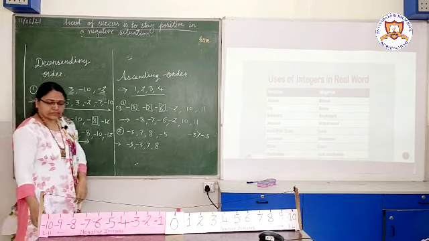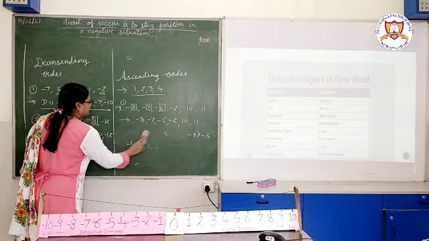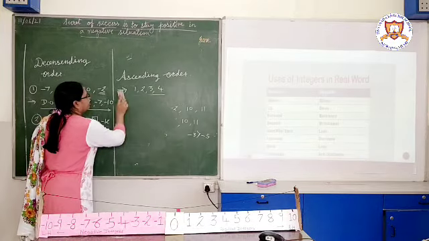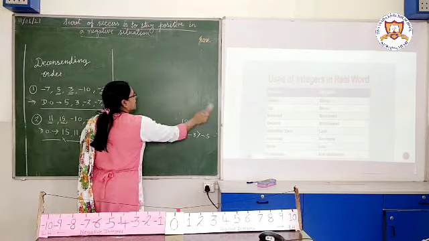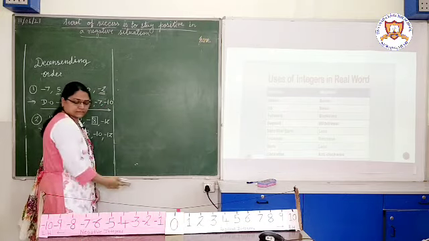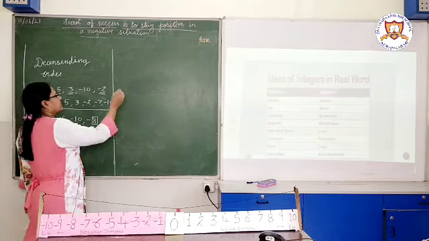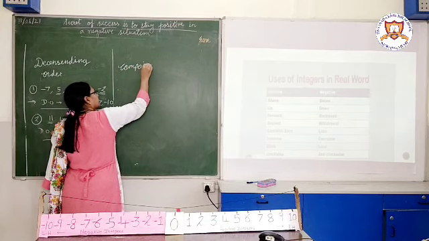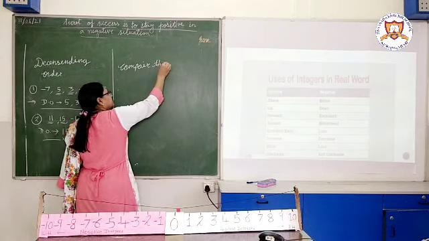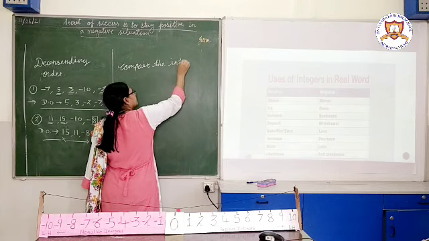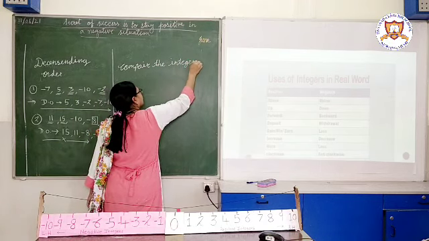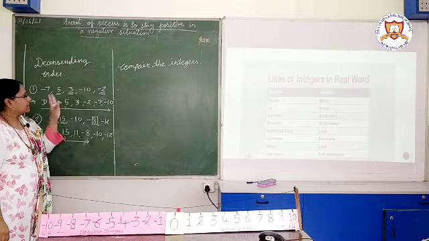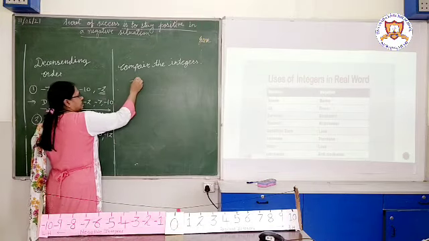Like this way we will write the descending order for any integers. Now, compare the numbers. How do we compare integers? Take any two examples.